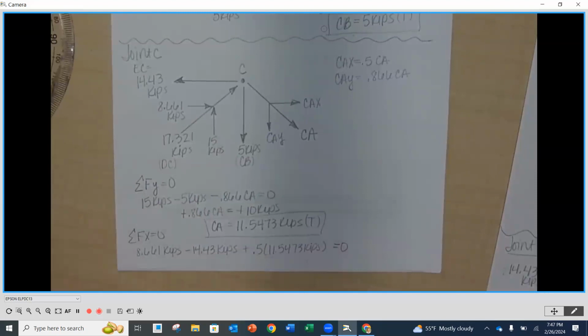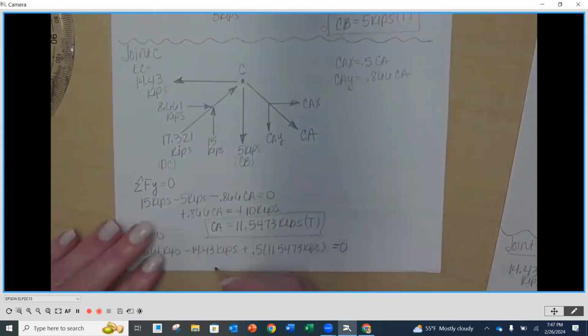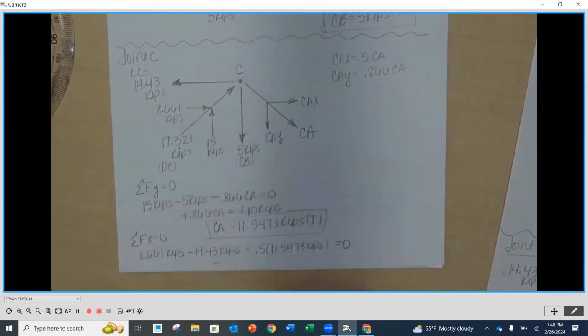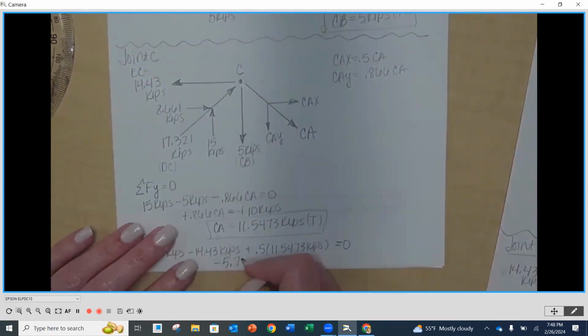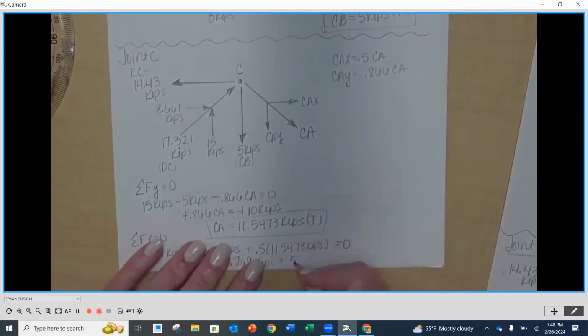Just checking my numbers. I should get zeros here, but I'm a little off. Do you guys have different numbers than me? I'm getting negative 5.769 kips plus 5.7737 kips.